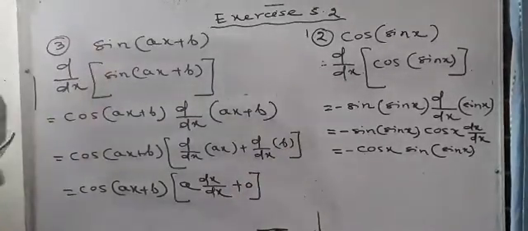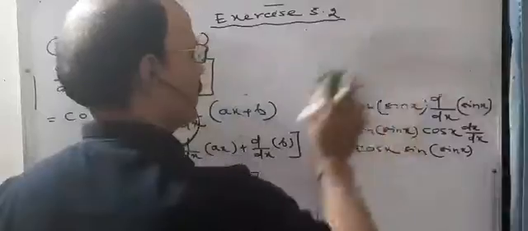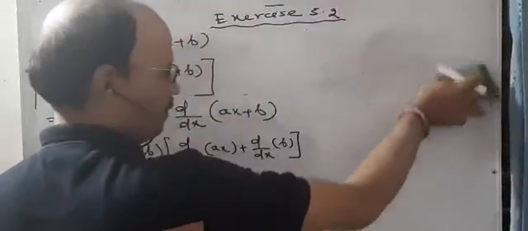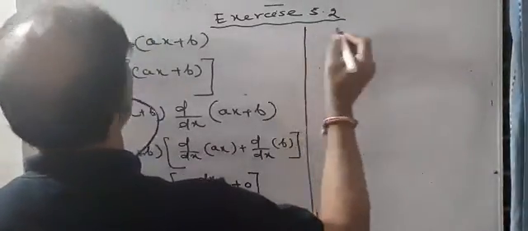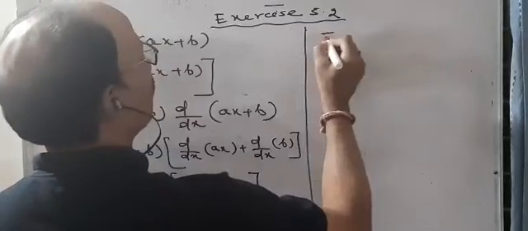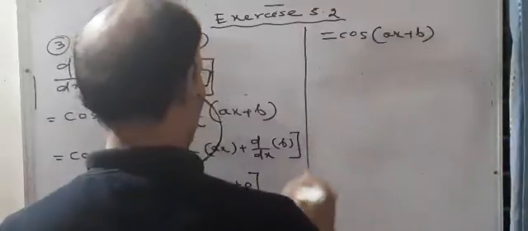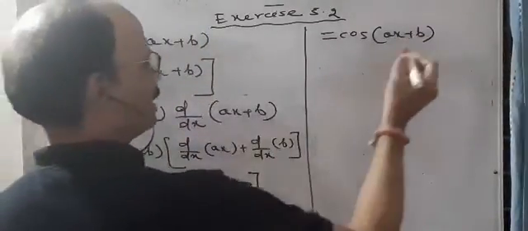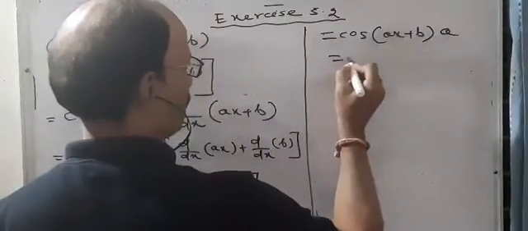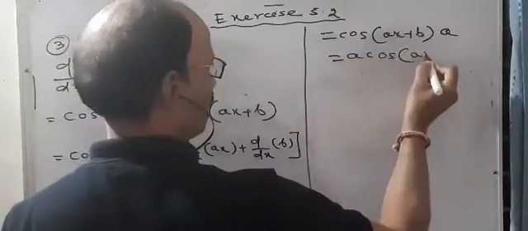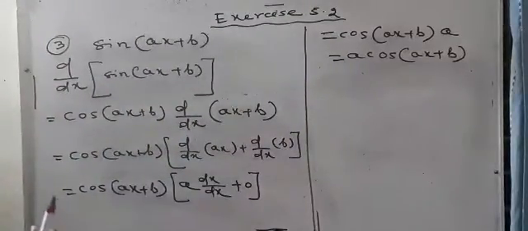So now what we will get? The answer is cos(ax + b), and here dx upon dx is 1. So a multiplied by 1 is a. So now it is a cos(ax + b). This is the answer to the third question.